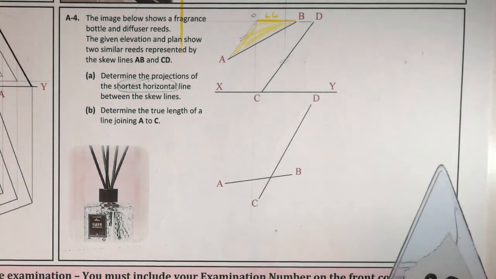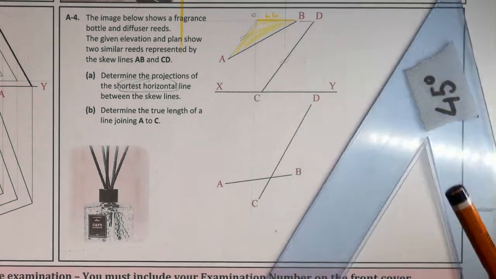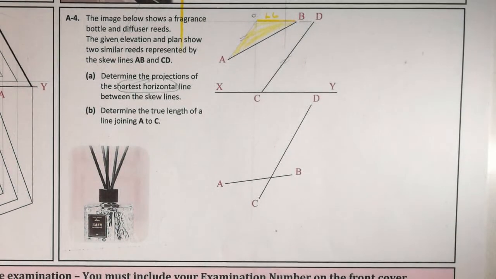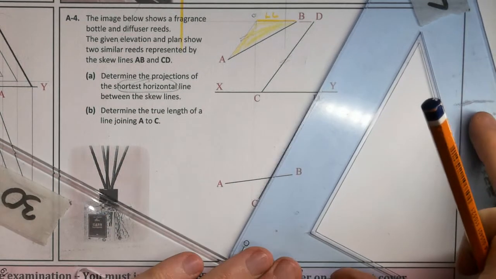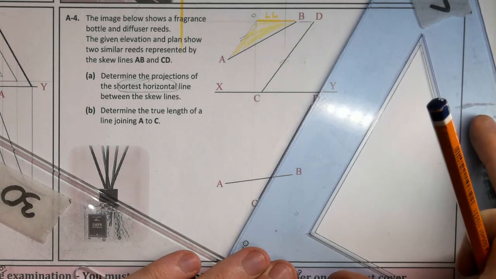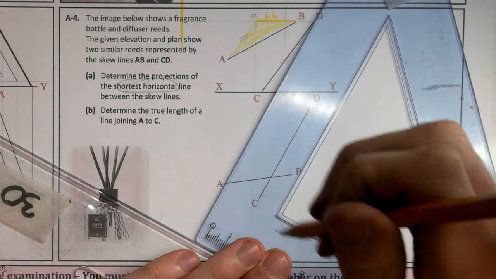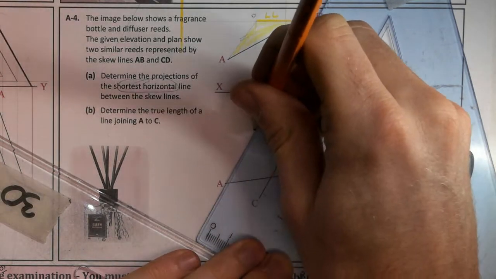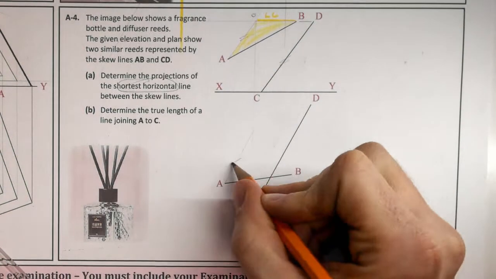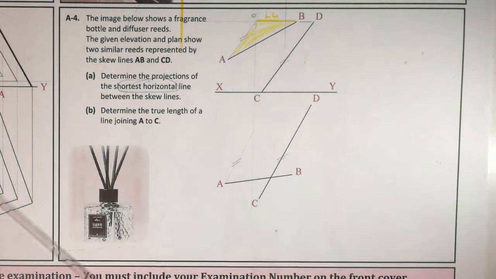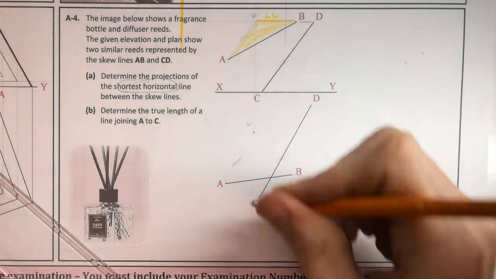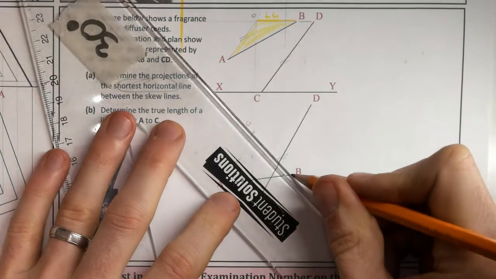So I'm going to go parallel to CD from A again. Okay, so those are parallel lines. And that will locate me my point O. So I can join that back to B.